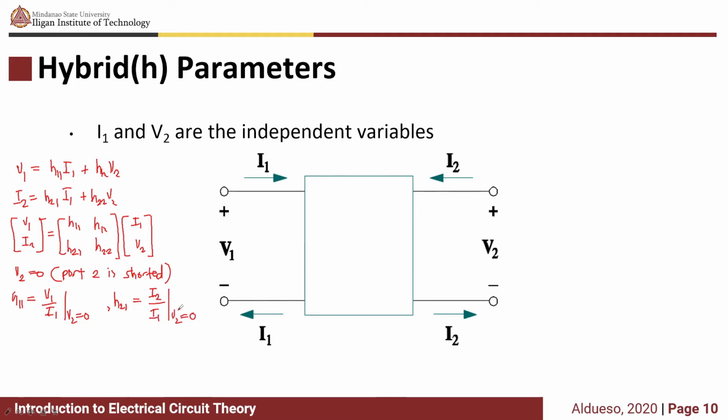V2 equals to 0. So next, to solve for H12 and H22, we need to have our I1 as 0.